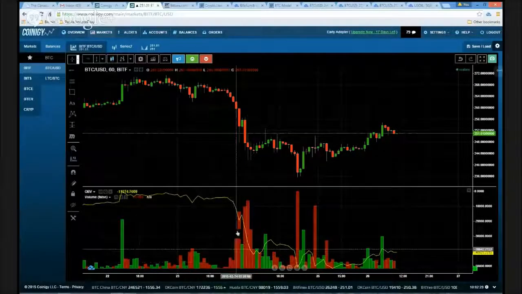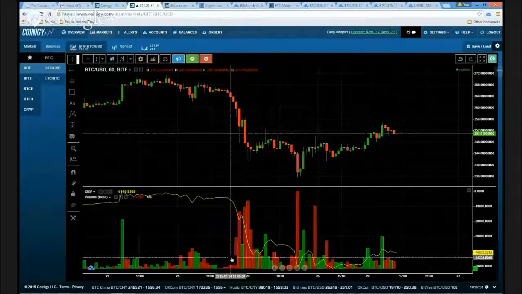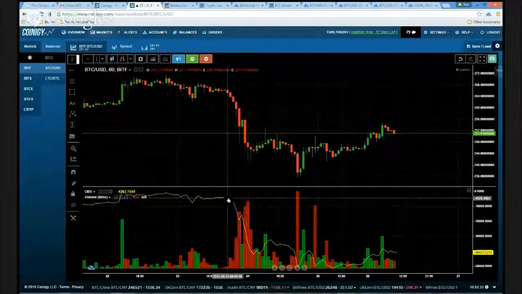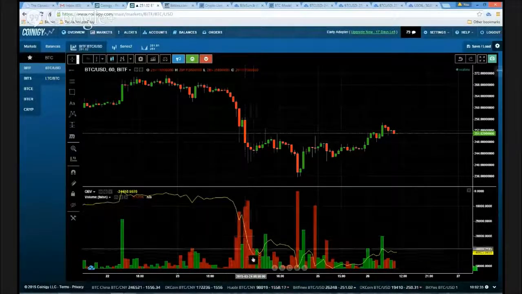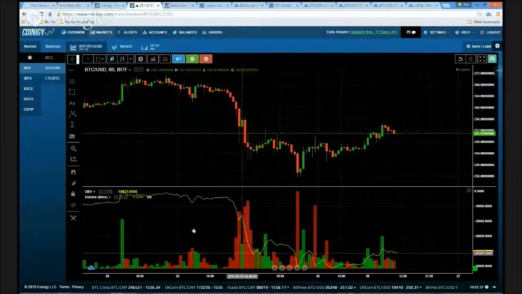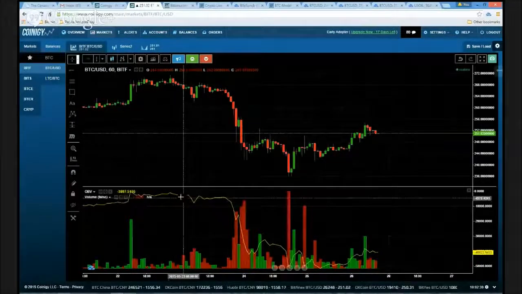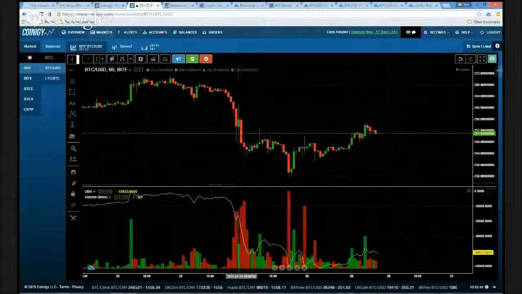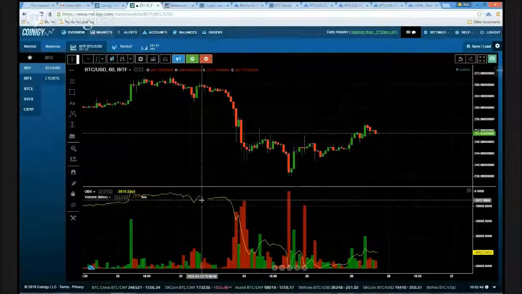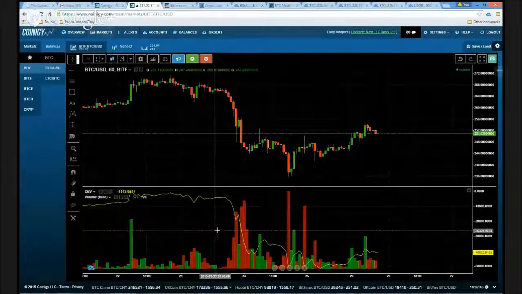And then, oh boy, here come the selling bars, boom, boom, boom, boom, and you can see OBV take a nosedive. So the point is, OBV is an excellent, simple tool to give you a message of what the underlying impetus of the volume trend is.